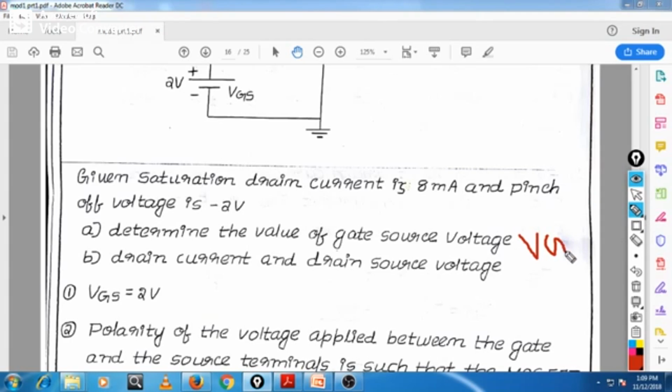You have to determine the drain current ID, and you have to find out VDS. So here first, what is VGS? VGS is already given here.